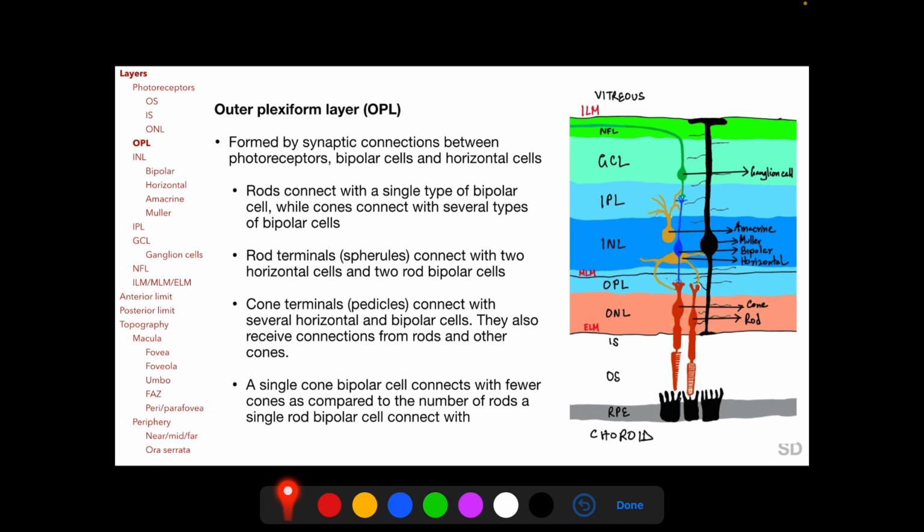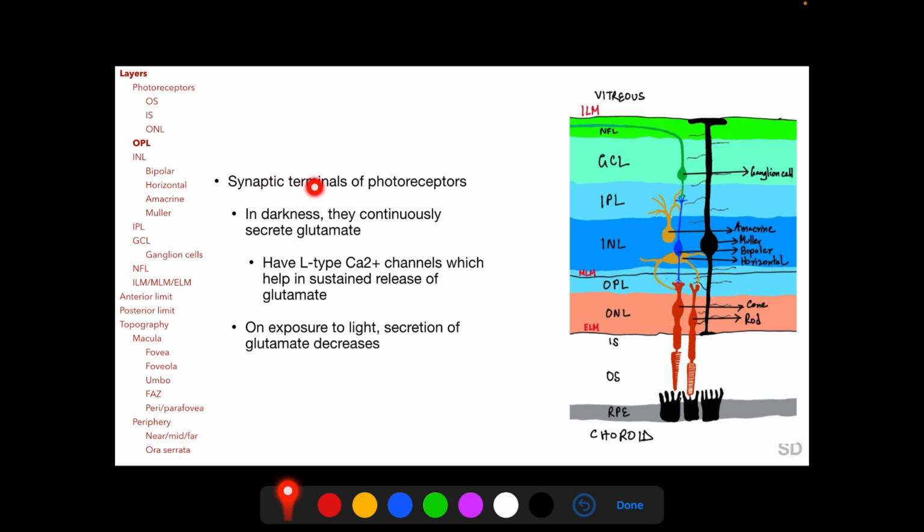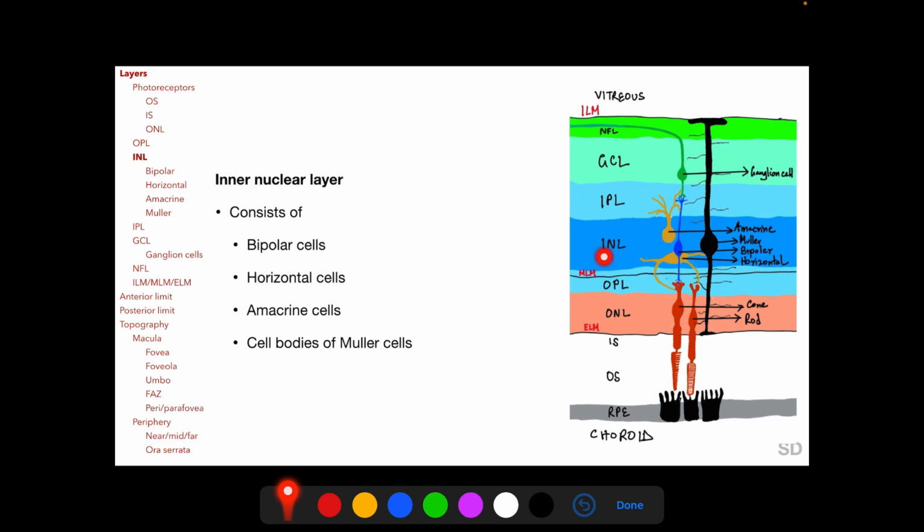As we have mentioned, the synaptic terminals of photoreceptors continuously secrete glutamate in darkness, and on exposure to light, the photoreceptors become deactivated and the secretion of glutamate decreases. The inner nuclear layer contains cell bodies of four types of cells: the bipolar cells, the horizontal cells, the amacrine cells, and the Muller cells.